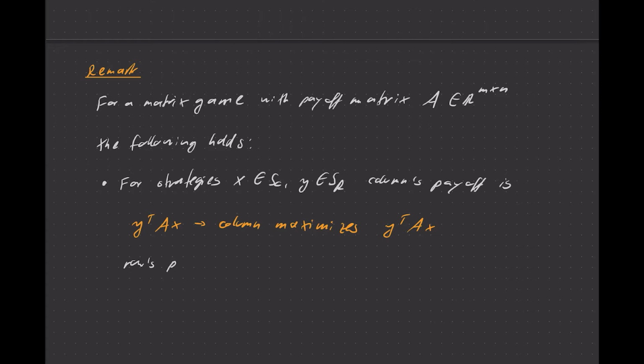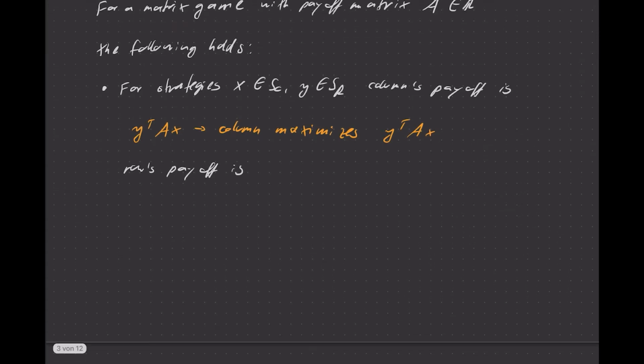On the other hand, row's payoff is minus y transposed A x, because the payoff matrix for row is minus A. We'll just take out the minus.